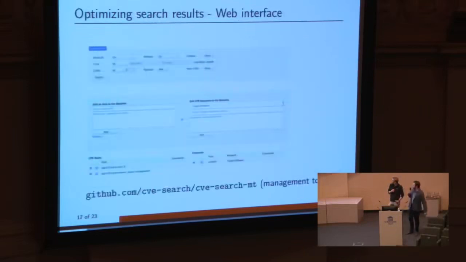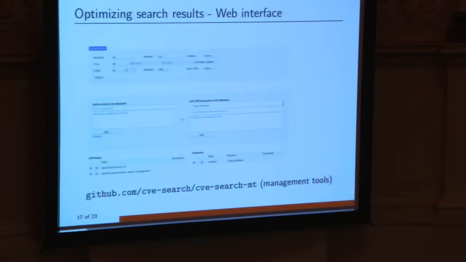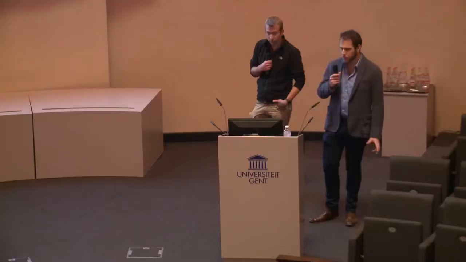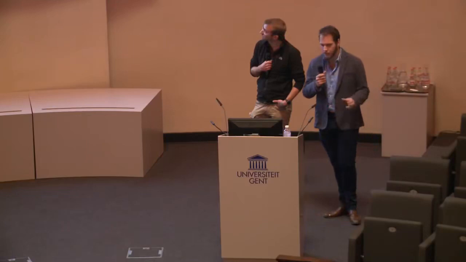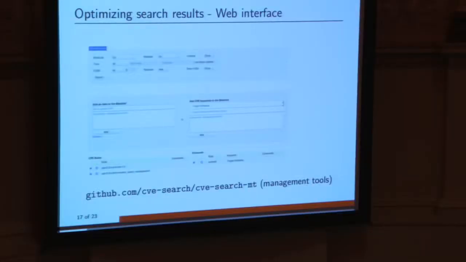The second one is where you see the white and blacklist. This is an example of the blacklist. You can blacklist on CPE code, and it works as a regex. So if you don't want to blacklist a specific version, but only up to the product, then it will blacklist all the versions.